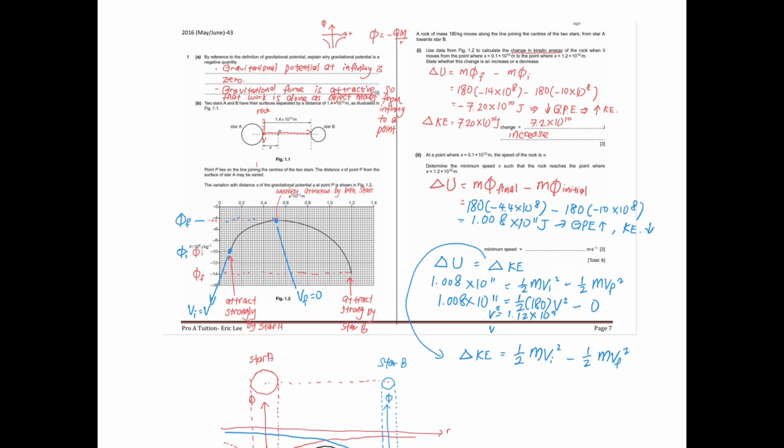We will get v as 3.35 times 10 to the power of 4 meters per second. This is velocity, so the unit is meter per second, m s^-1. This is the answer. So we have done the whole question.